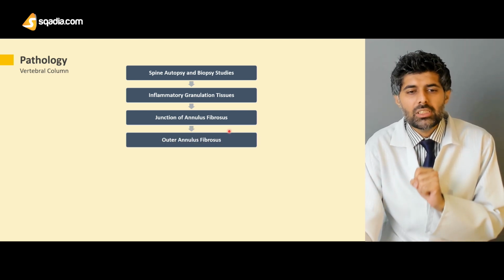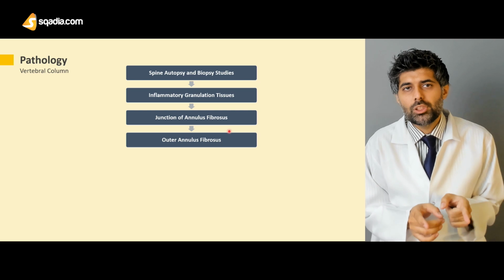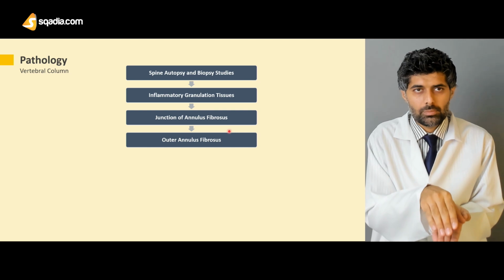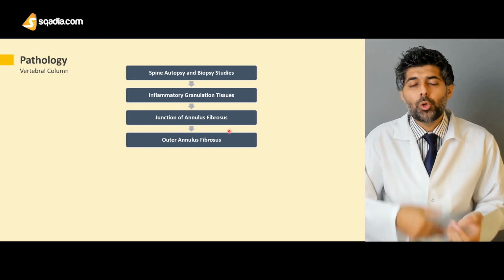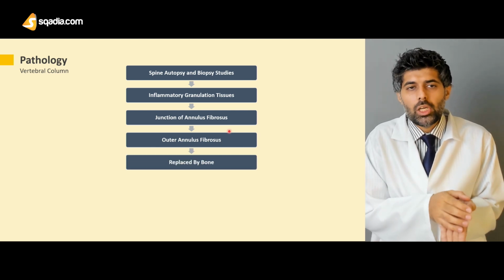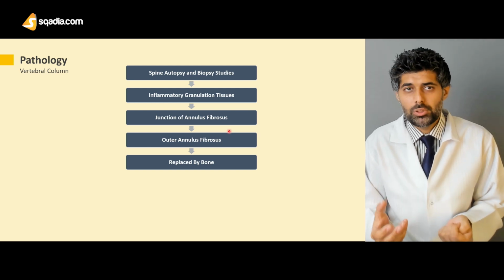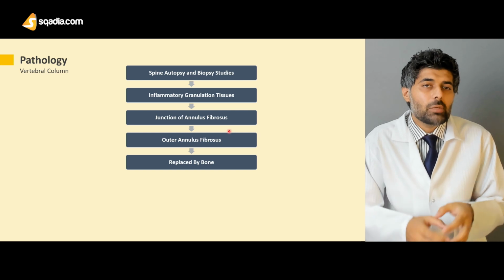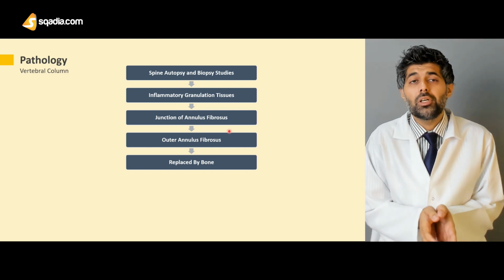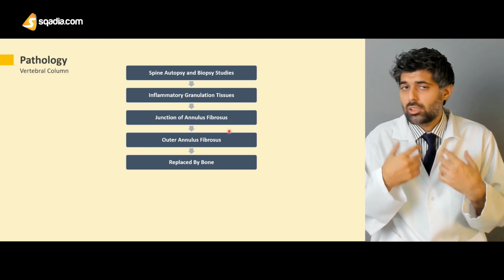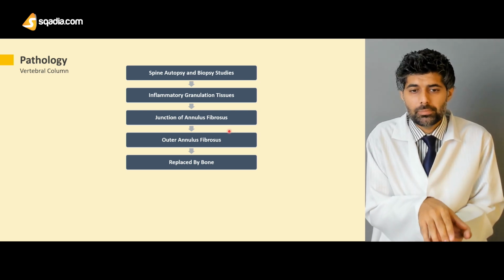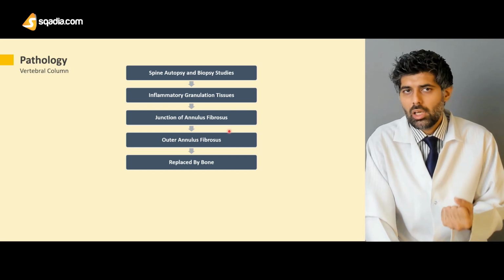So, what happens is that the outer annulus fibrosus starts to join the bodies of the vertebrae, and this results in a bony protuberance. It must be noted that not only are bony protuberances formed at specific sites, but sometimes the whole of the annulus fibrosus, that is, the whole of the vertebral disc, starts to be destroyed, starts to disappear, and results in the fusion of the bodies of the vertebrae.